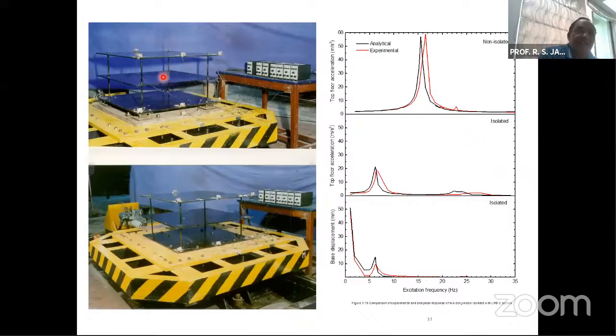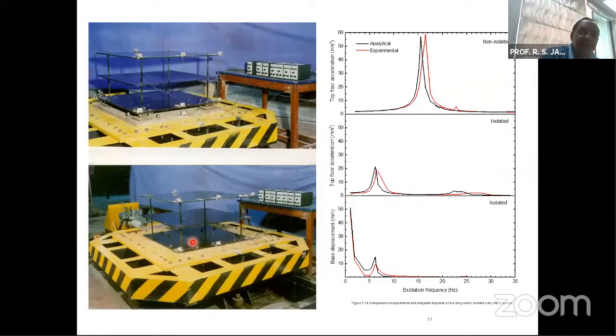So you can see that this is a 2-story frame model resting on the isolation system, and these are the gauges which are provided to measure the acceleration and displacements at various levels. And this is the other one, which is the same but fixed.